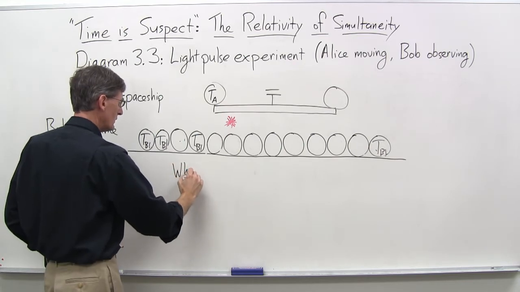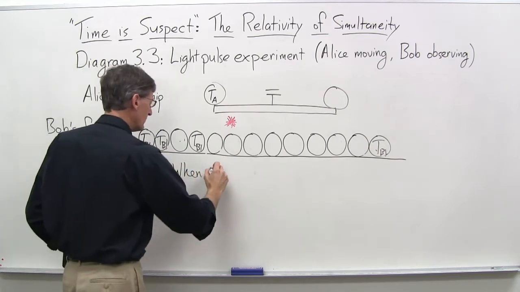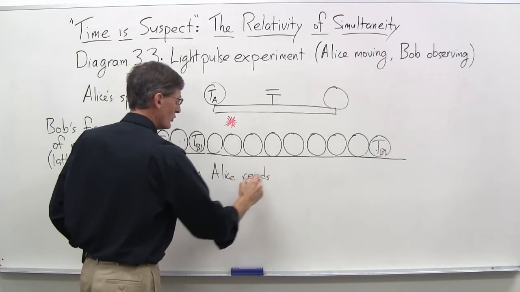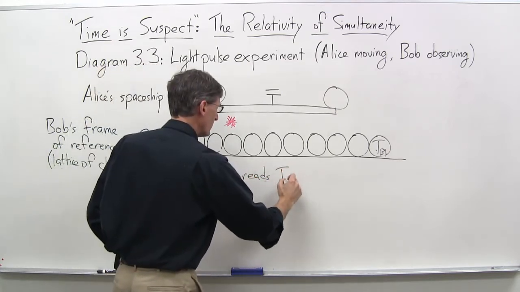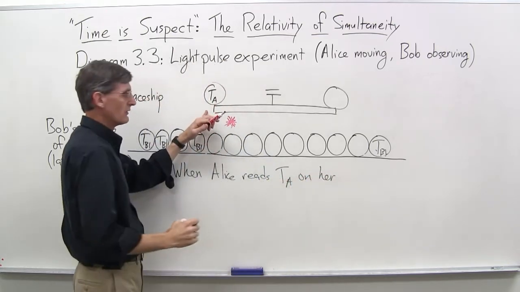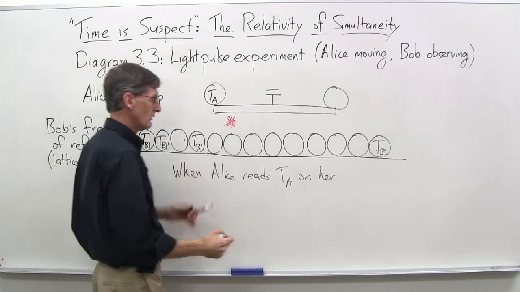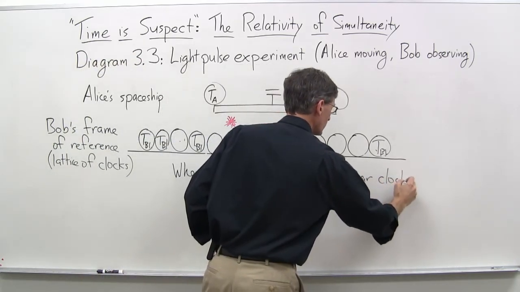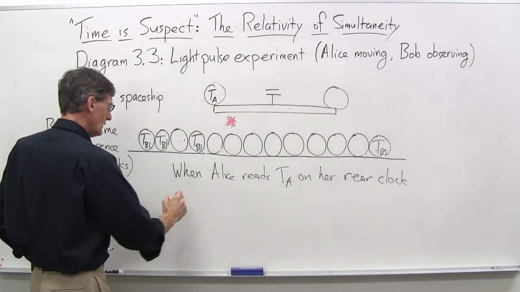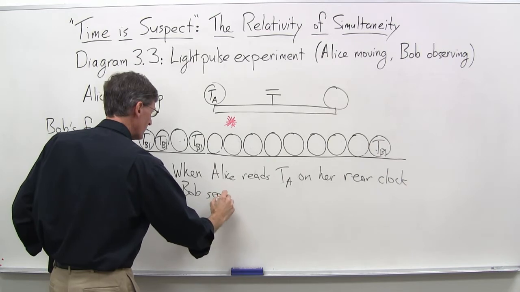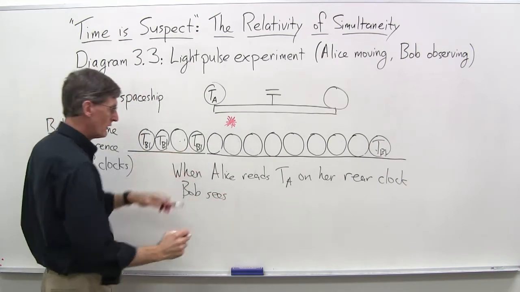So when Alice reads or observes T sub A on her, call this the rear clock, on her rear clock of her spaceship, Bob sees TB1 on his clocks.